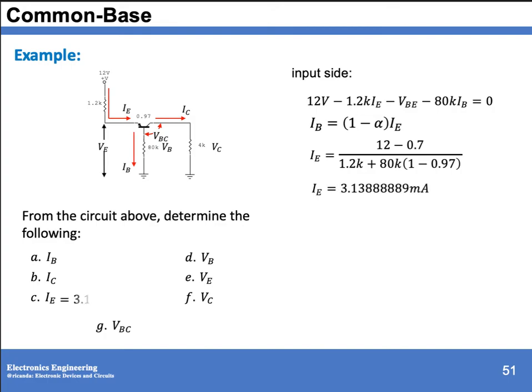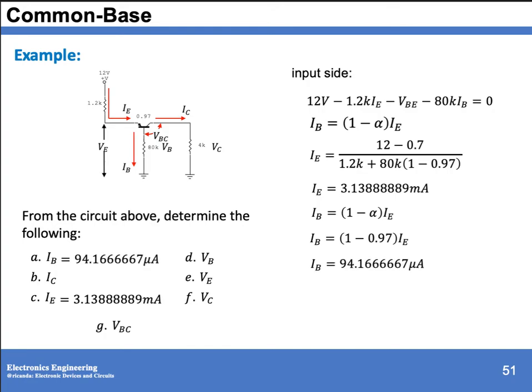So therefore, this is our IE. And your IB, which is (1 minus alpha) IE, is 94.16667 microamps. And IC is alpha IE, so IC equals 3.044722 milliamps.